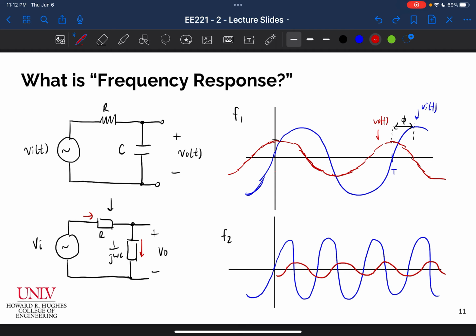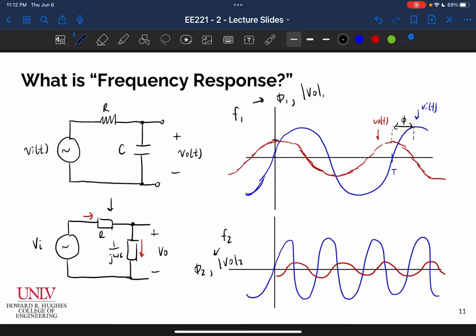Let me write that here. Frequency 1 was associated with some phase shift, phi 1, and some magnitude, let's call it the magnitude of V out 1. This new frequency, F2, is associated with some phase phi 2 and some magnitude V out 2.